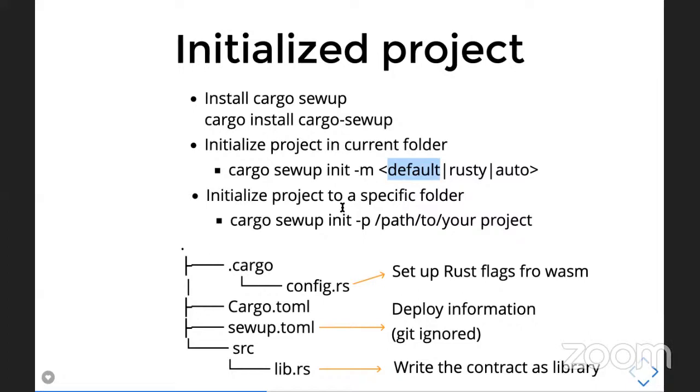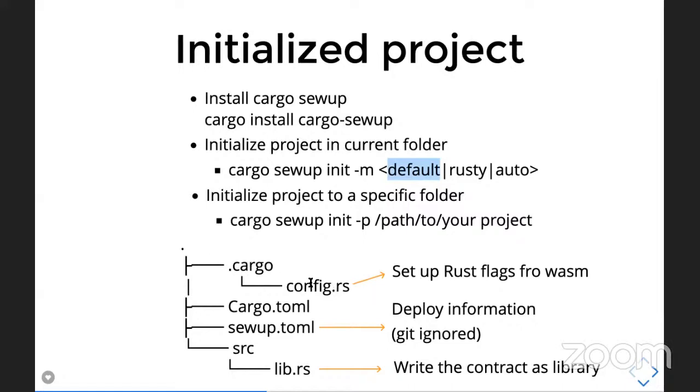And also you can use another parameter, -p. After -p you follow with a path, and Sewup will try to make this folder become a Sewup project. So there will be something like this. There is a .cargo folder and a config file that sets some Rust flags for Wasm. You don't really need to worry about this.